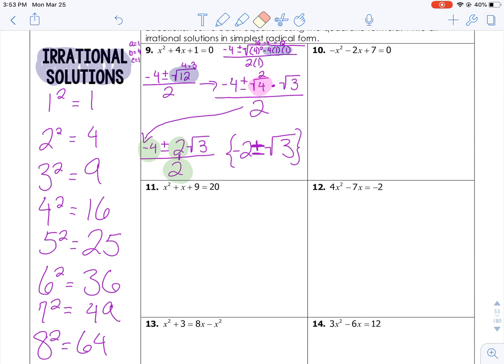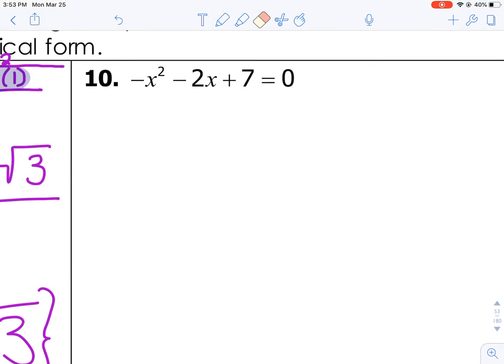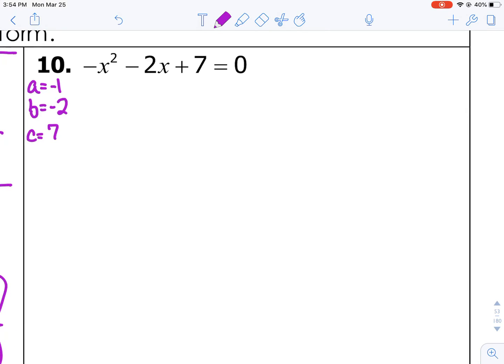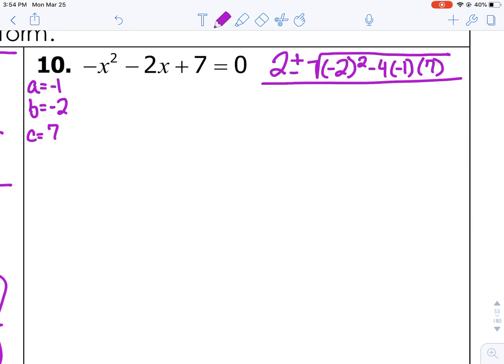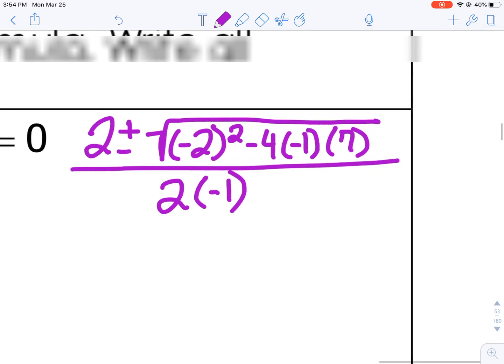So when I look at number 10, A equals negative 1, B equals negative 2, C equals 7. Negative version of B, 2 plus or minus the square root of B squared minus 4 times A times C all over 2 times negative 1.